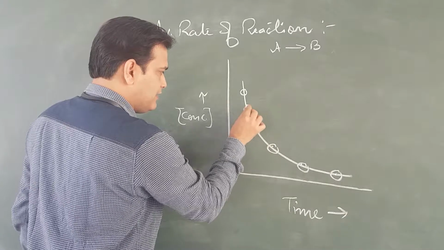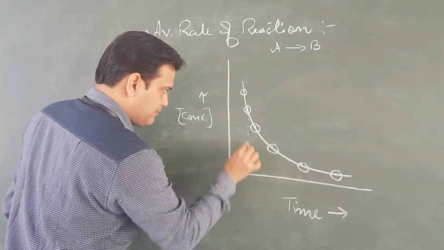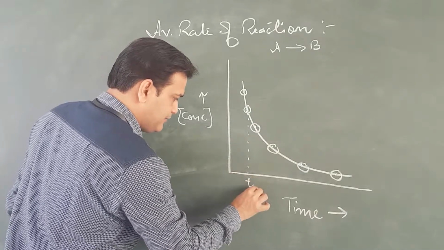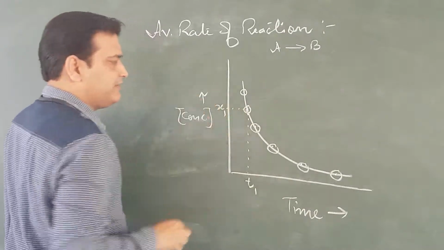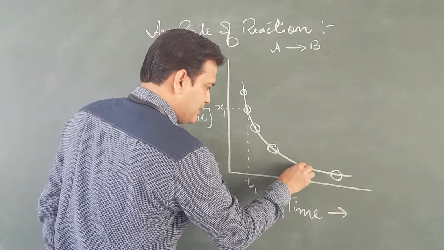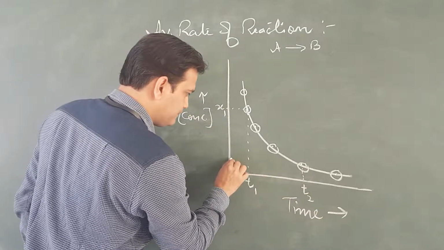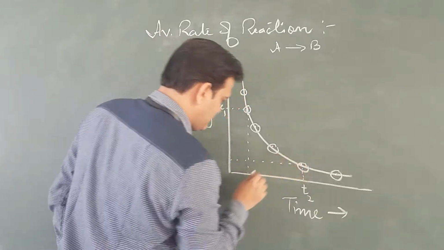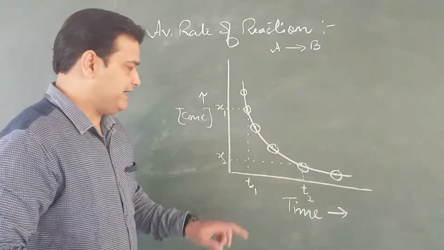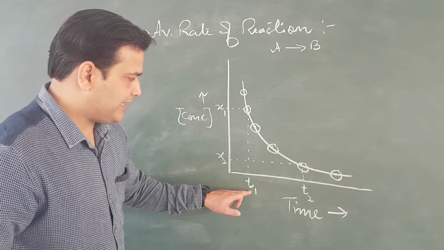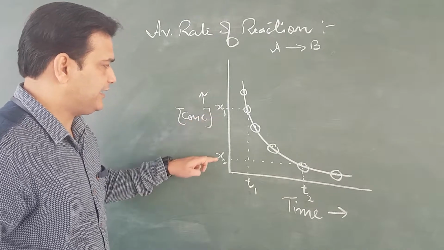Suppose this is the concentration at time t1. So it will be x1. Suppose this is the point when time is t2, and this will be concentration x2. You will find with the increase in time from t1 to t2, the concentration is decreased.